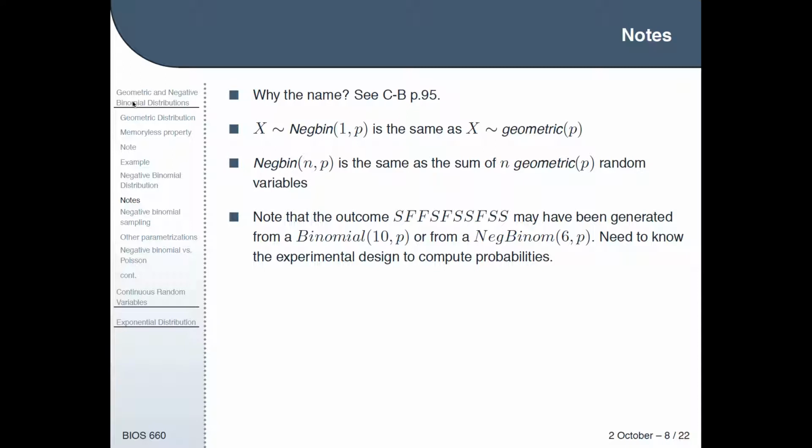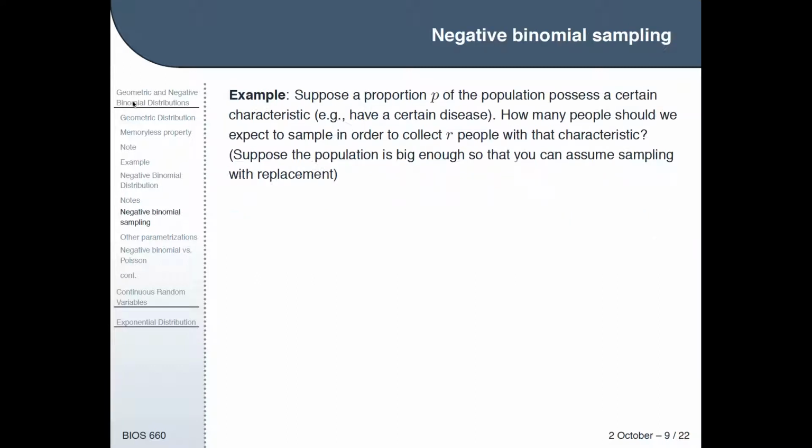You need to know the experimental design to compute the probabilities. Now, if you got a sequence like this where the last one were a failure, you would know that it has to be binomial, because if the last one were a failure and it was a negative binomial, then you should keep going. But for the outcome that we've listed there, there's no way to tell one way or another.